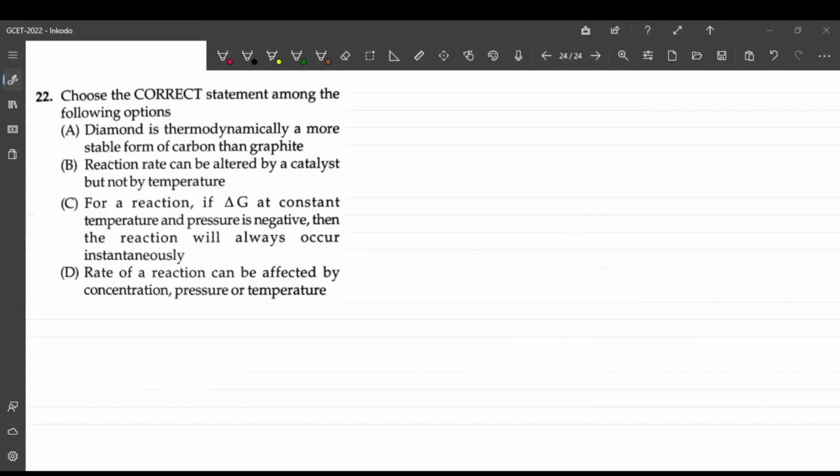Okay, question number 22. The question asked is: choose the correct statement among the following options. First is, diamond is thermodynamically a more stable form of carbon than graphite. Remember, although diamond may be the strongest material on the earth, it is not thermodynamically more stable than graphite.